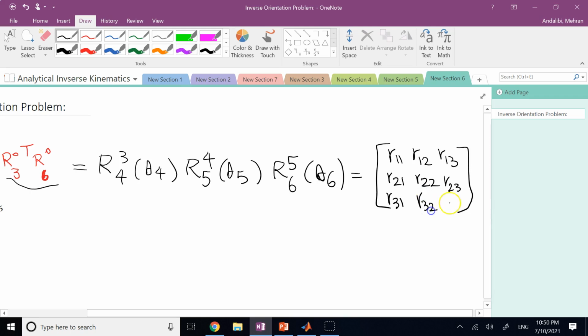Here, all I need is to go from a rotation matrix to 3 angles. And one of the obvious solutions that you have, if you remember, was Euler angles. If you look at these 4, 5, and 6, they are actually just like Euler angles, right?